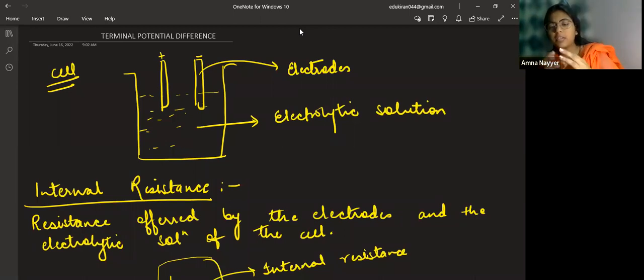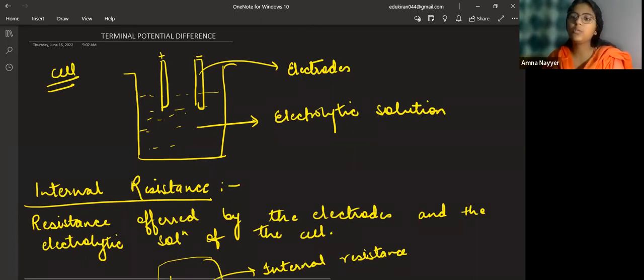Whatever resistance is offered by the electrodes and the electrolytic solution, we call that the internal resistance. We have not placed that resistor in our circuit; it was already present. This internal resistance is already offered by the cell. That is known as internal resistance.